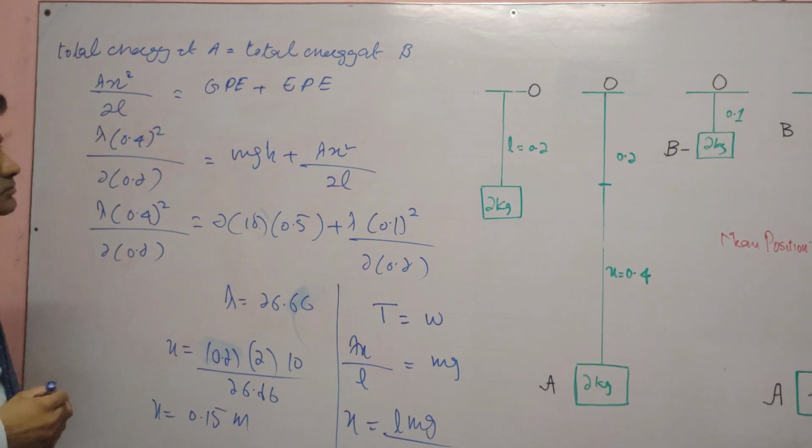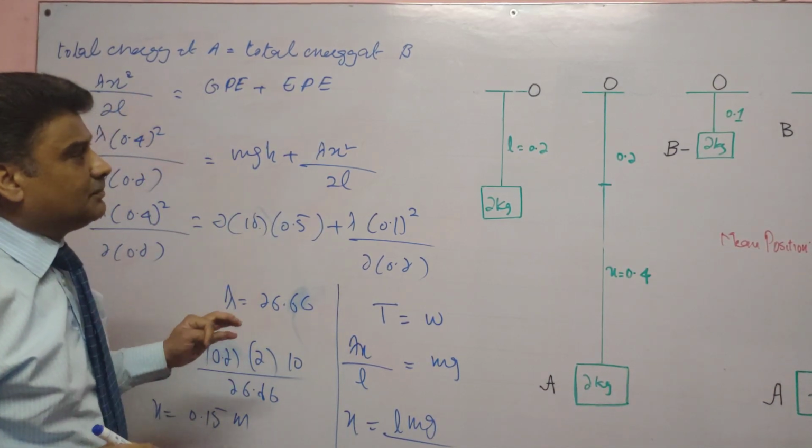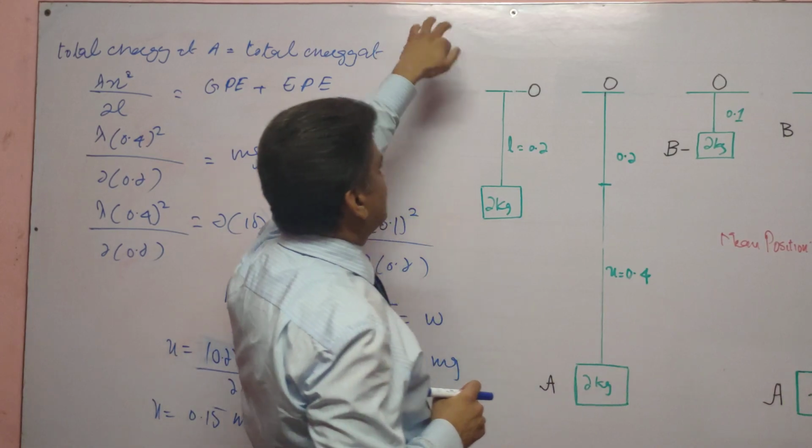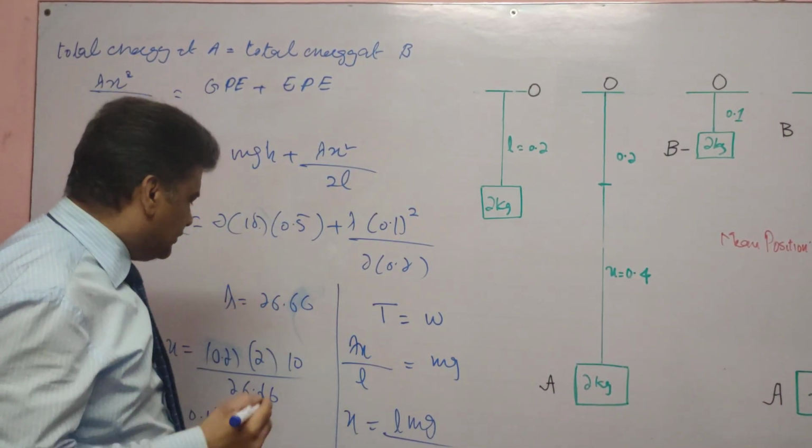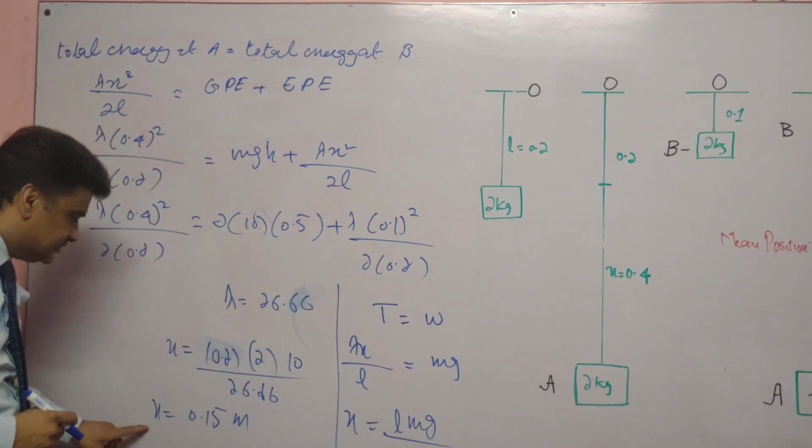The actual length of the spring or string is 0.2, and for the equilibrium position the extension is 0.15.